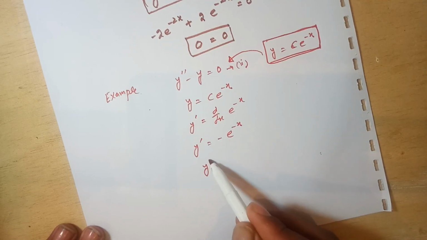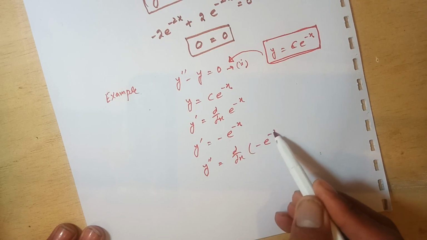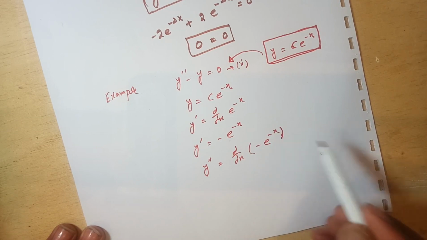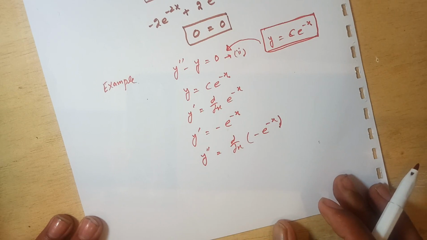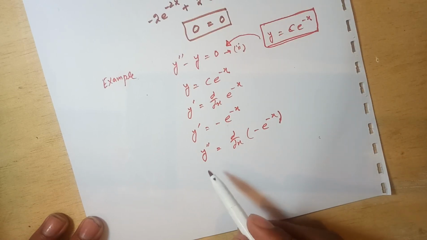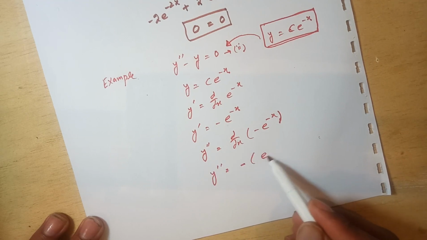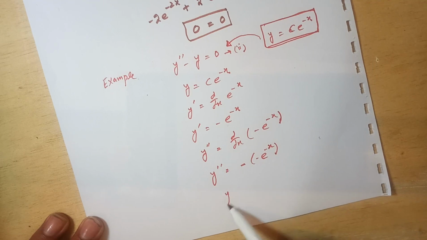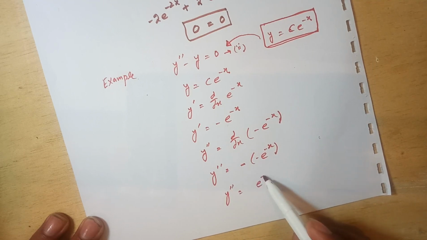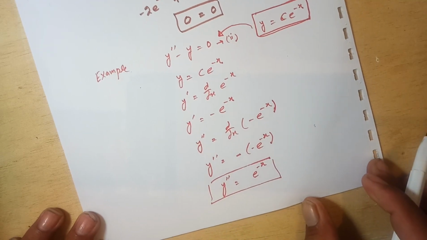Take another derivative, d by dx, and simplify this equation because it's a simple derivative, and you also learned the techniques or the main formulas related to the derivative in your calculus subject. So y double prime is equal to c e power minus x. Put these values, y double prime and y, in the equation number 1.